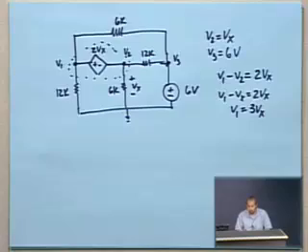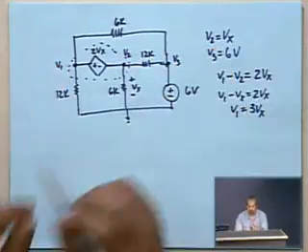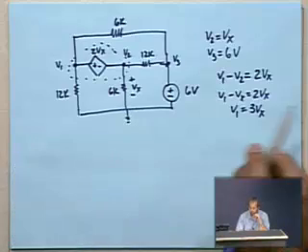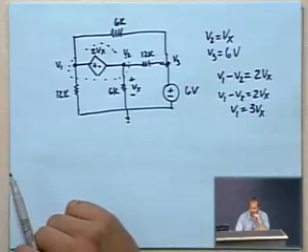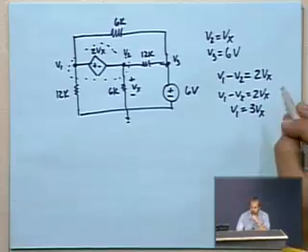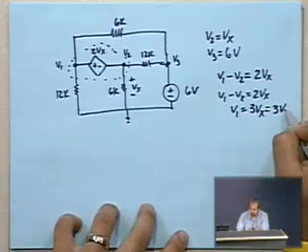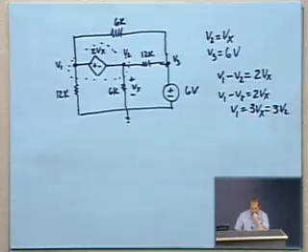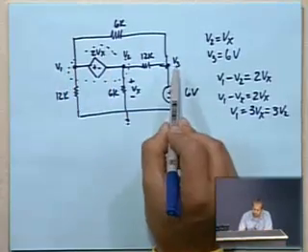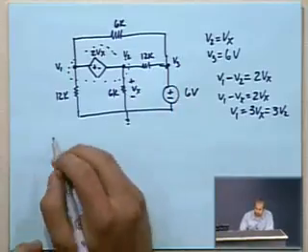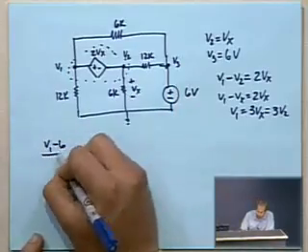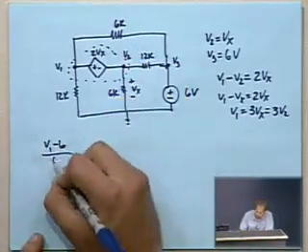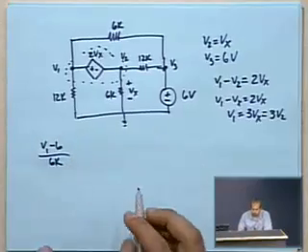So realistically, we only have one node equation to write. We're going to write the one equation at the supernode, and we've got all of the information that we need to get this into a nicer fashion. So let's write that equation. We've got V1 minus V3, which is 6 volts, so V1 minus 6 over the 6 kilo ohms of resistance connected between those two.